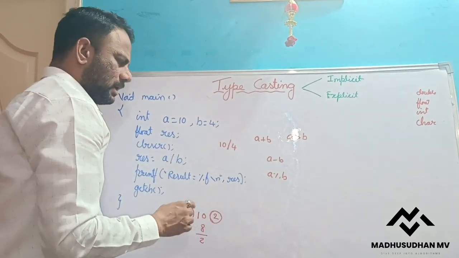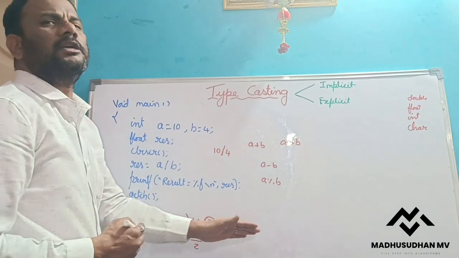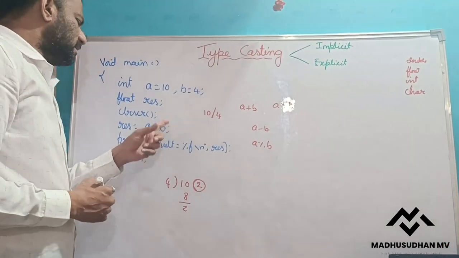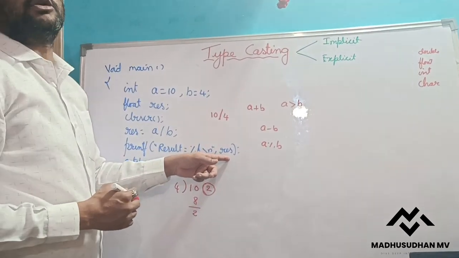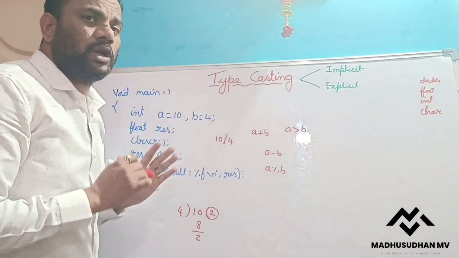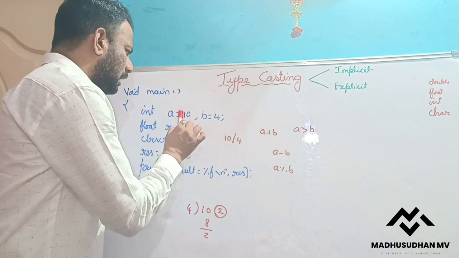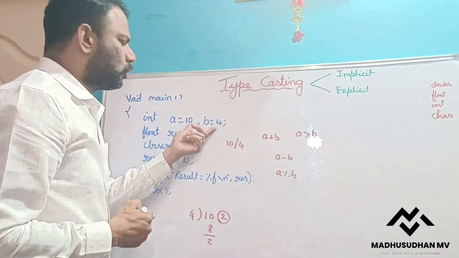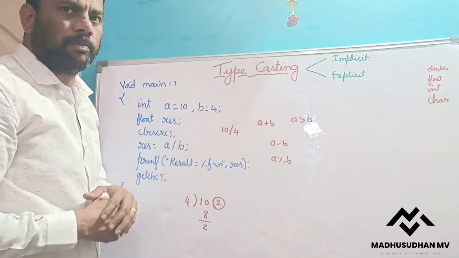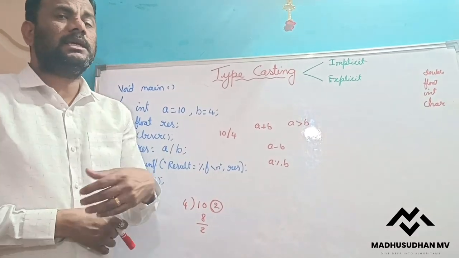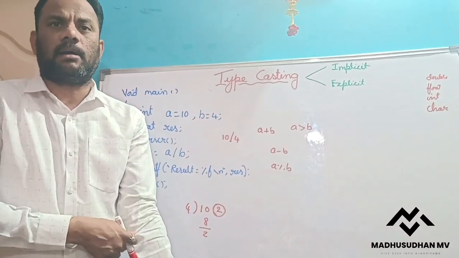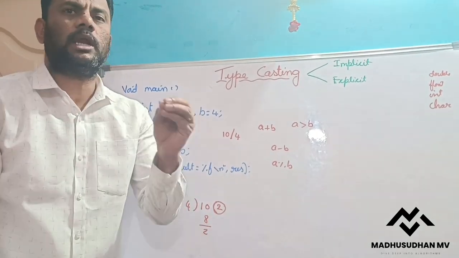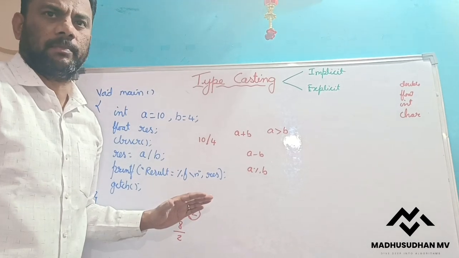So automatically it will convert the result 2 into 2.000 and assign it to res, and that 2.000 will get printed. But actually I am expecting 10 divided by 4 to be 2.5. I'm not getting 2.5, I'm getting only 2. That means here I lose the data by 0.5. So this is the problem.